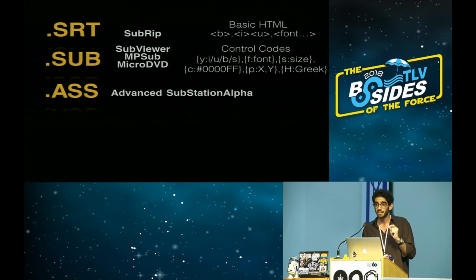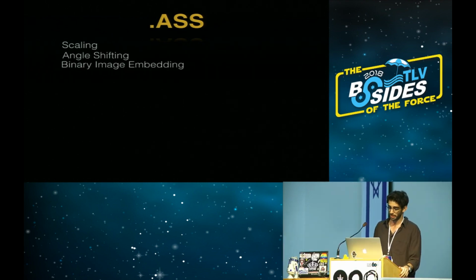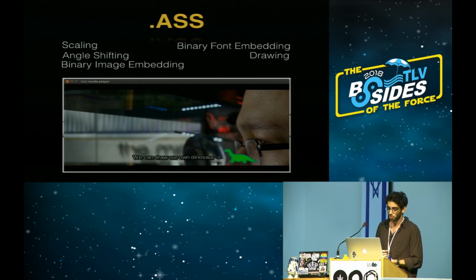Now, ASS contains all the functionality of SSA with some interesting additions. The ASS format supports scaling, angle shifting, binary image embedding, binary font embedding, and drawing. Here we actually drew a small dinosaur in the subtitles.